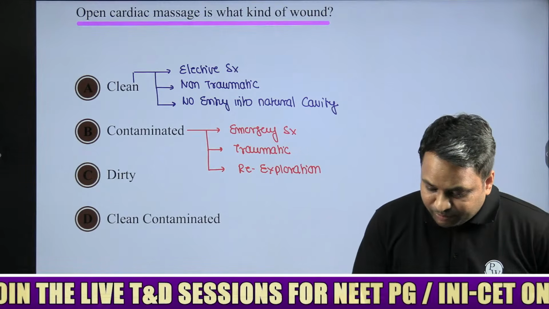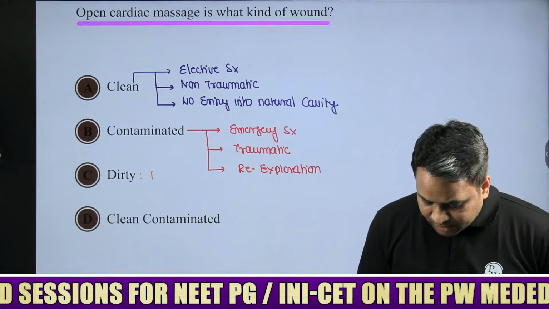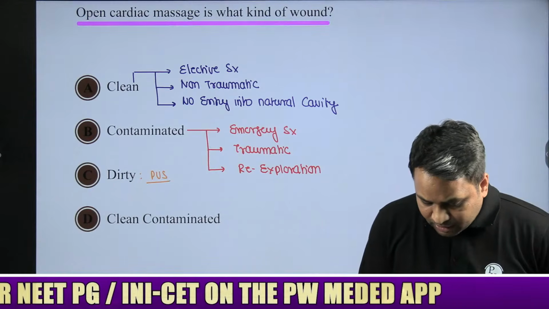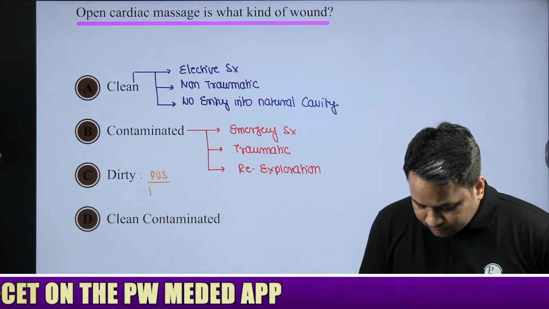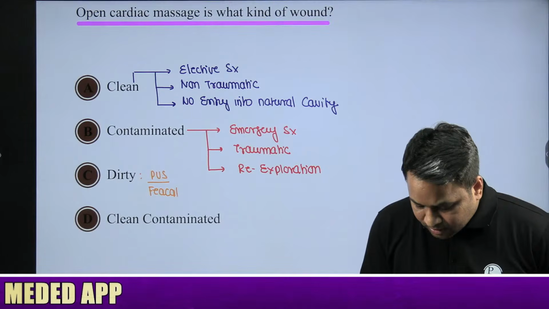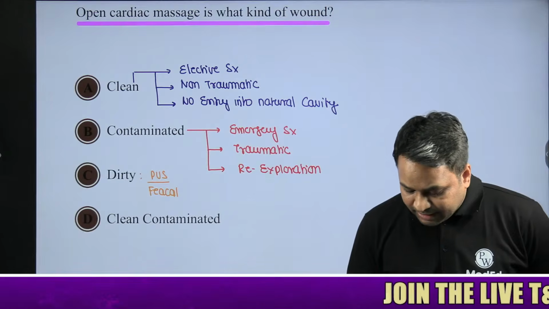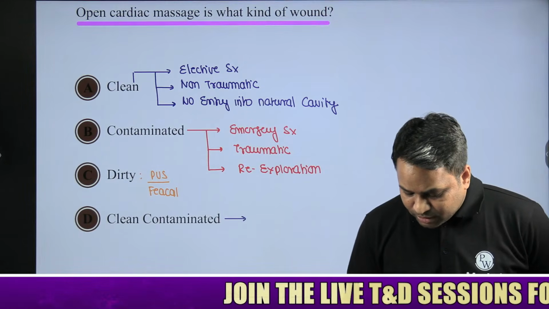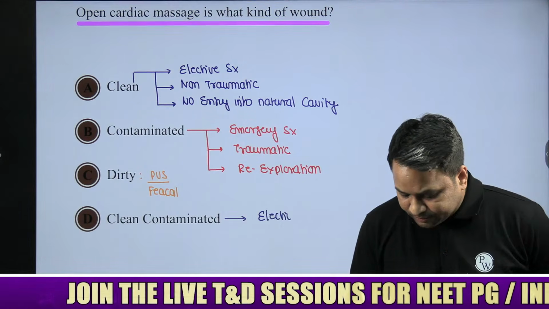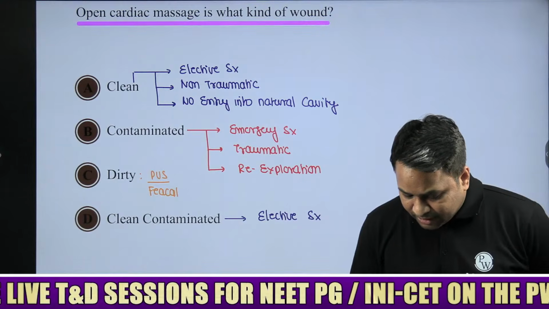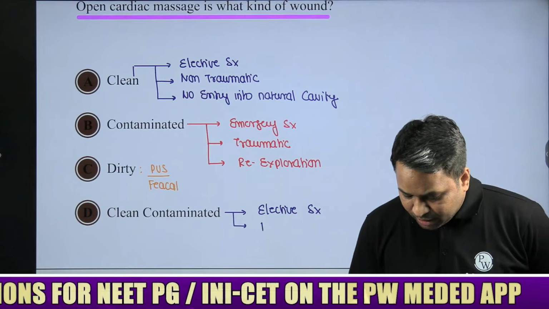Dirty if it consists of pus or fecal matter. If it consists of pus or fecal matter, this is going to be your dirty. What is clean contaminated? The clean contaminated is an extension of clean wounds. It has to be elective surgery. It should be non-traumatic.